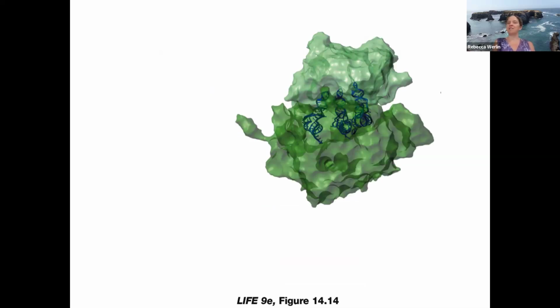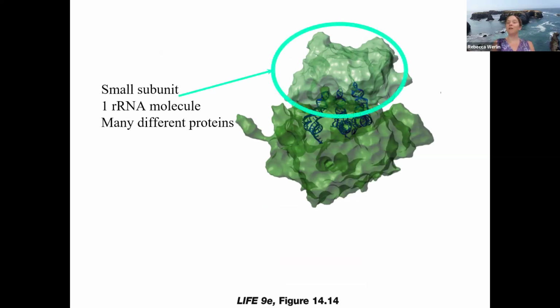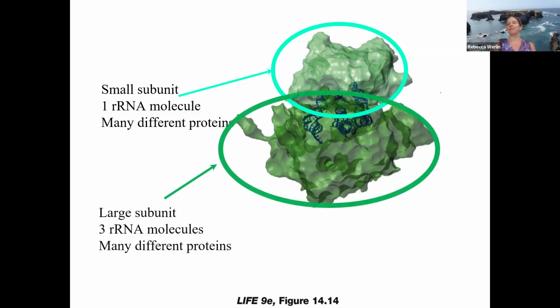As you can see, there's a smaller light subunit, or light green subunit, and a larger, slightly darker green subunit. And so the small subunit is made up of various proteins and a single rRNA product, so rRNA, ribosomal RNA. And then the large subunit typically has 3 or more ribosomal RNA molecules and also several different proteins, making our functional ribosome.